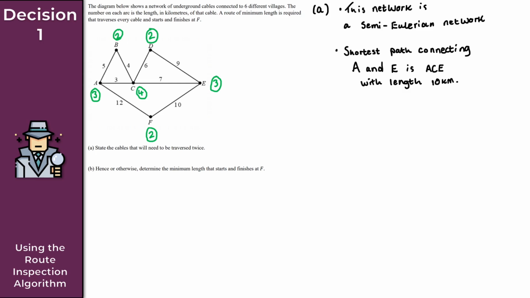For part A, it said state the cables that will need to be traversed twice. So what that tells us is the cables that need to be traversed twice are AC and CE.